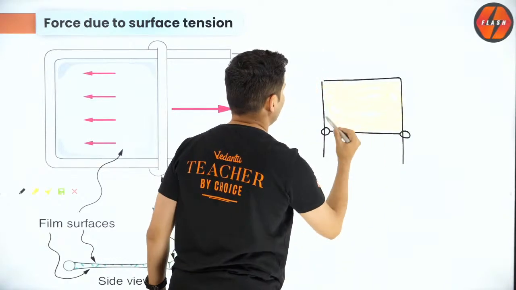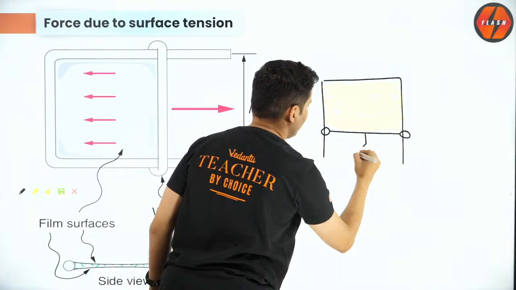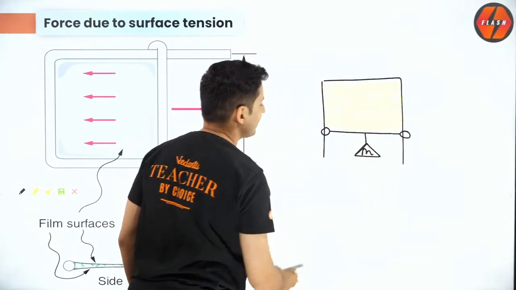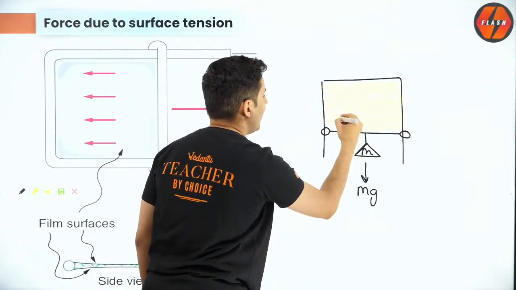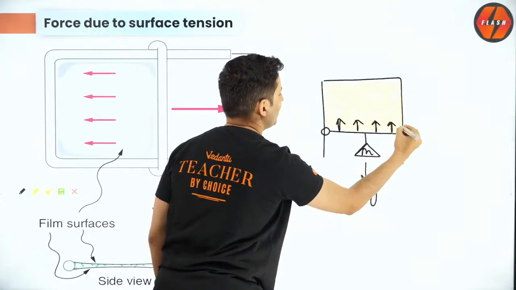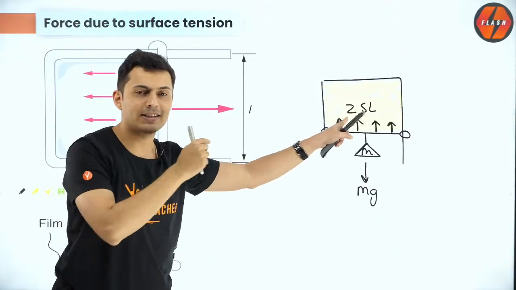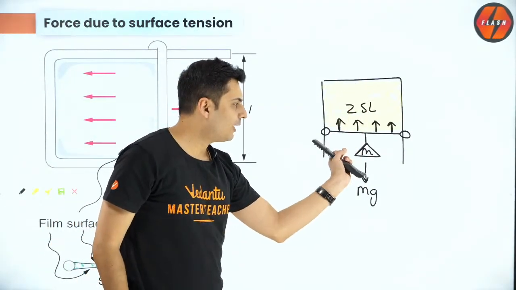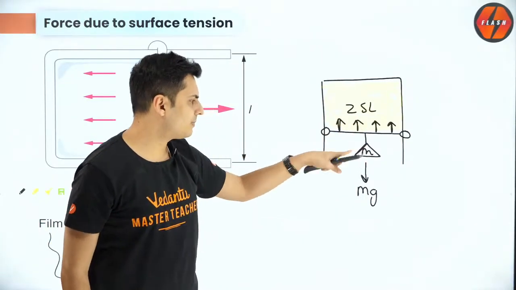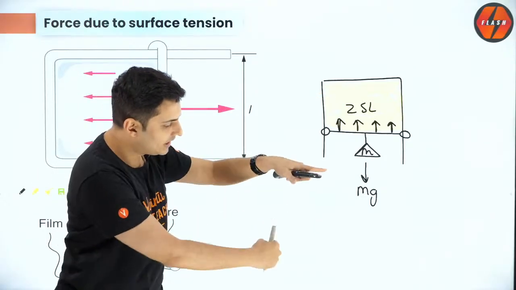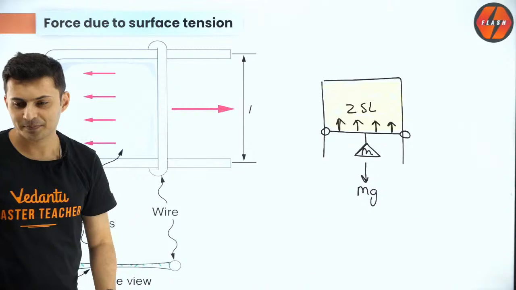And what you can do, guys, you can suspend some weight like this over here of mass M, and this mg force will be balanced by how much force? 2SL. From this, in fact, you can calculate the surface tension of the liquid. The weight which will just balance that rod. This M includes the rod's mass, the mass which is suspended, everything. So the total weight below should be balanced by 2SL. From that we can calculate the surface tension.